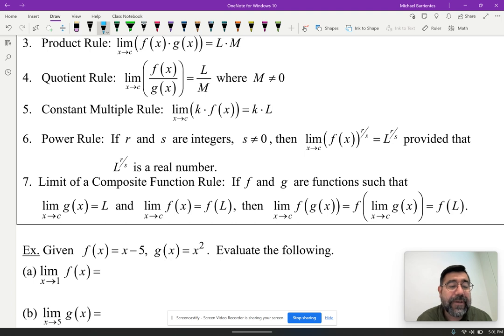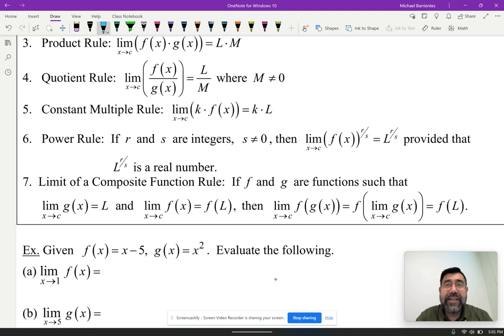Pretty straightforward, right? And then the last one, we're going to delve a little bit more into with video number 3. It says if I have a composition, a function that's inside another function, and I know that the limit of the inside exists, and I know that the limit of the outside exists.